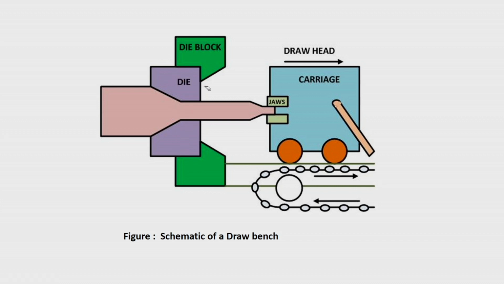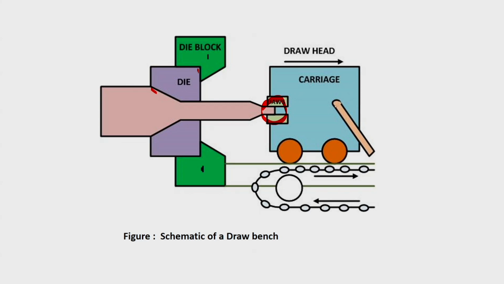It is held in a die block, resting on the die block, and you insert your billet. This part you initially prepare by a swaging operation, reducing the cross section so that it facilitates entry through the die opening and comes out, so that you can hold it by means of the jaws of the draw head.